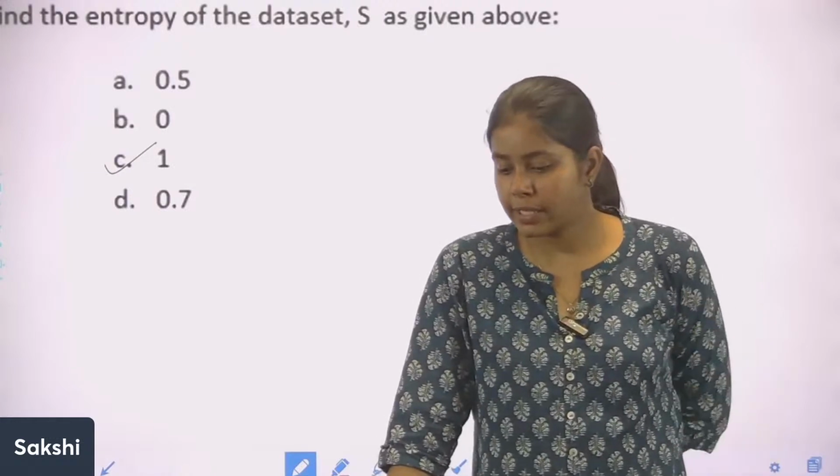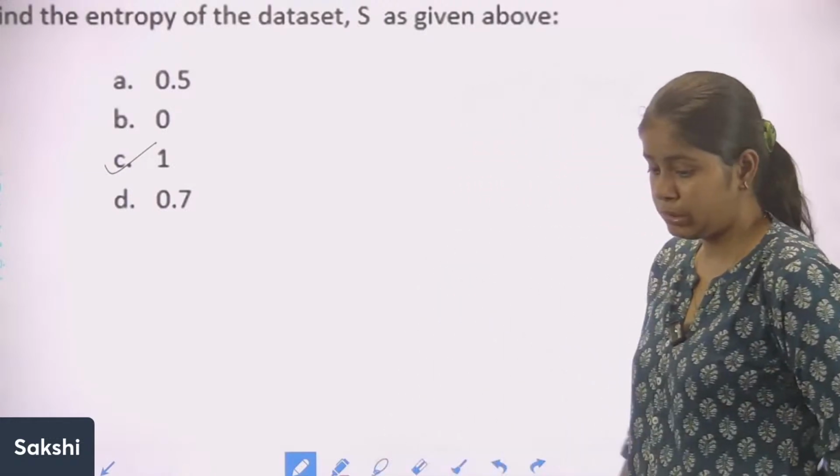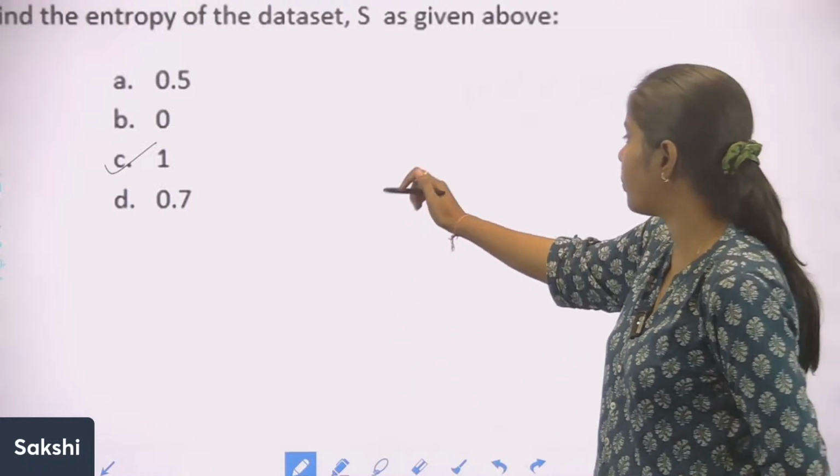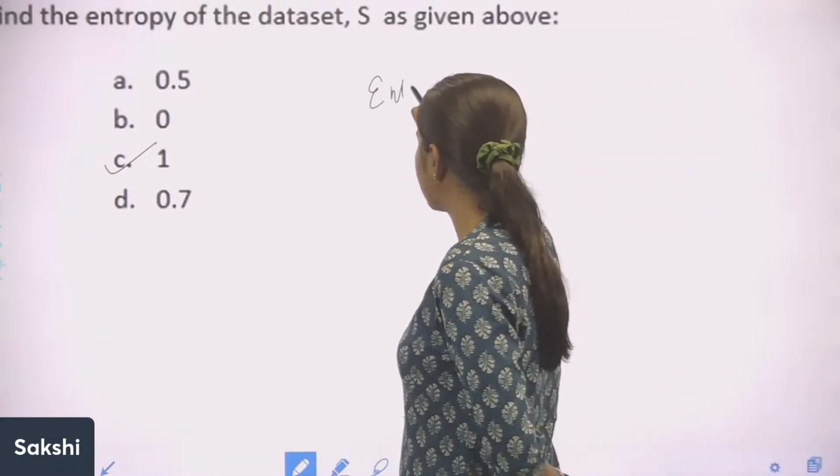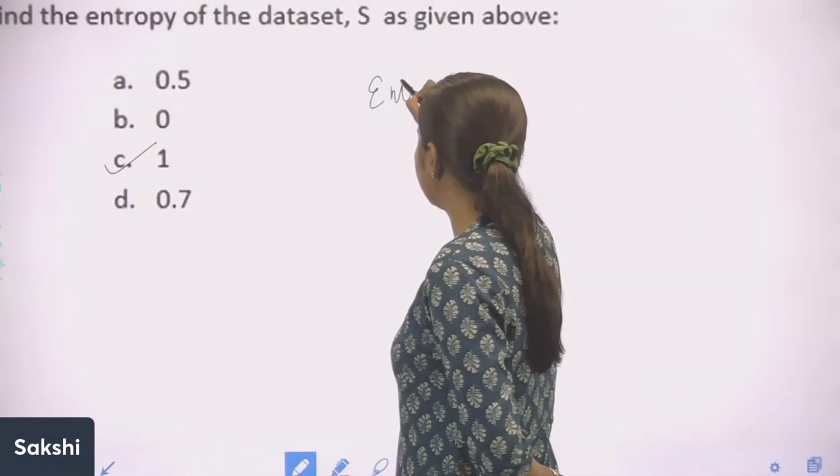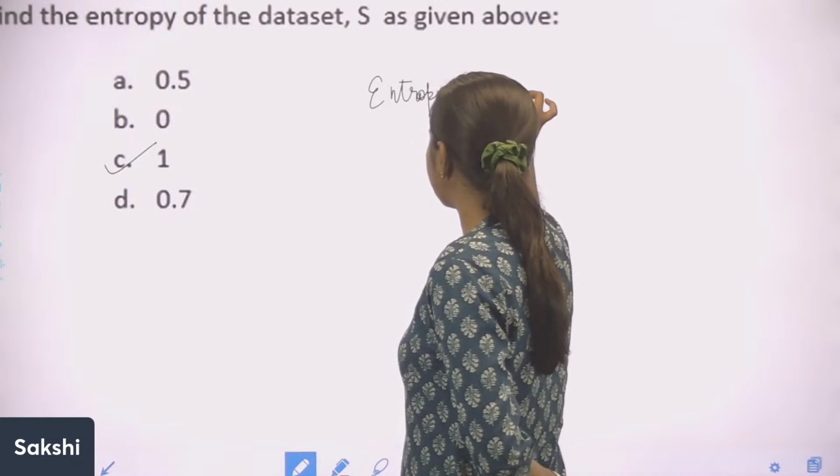Now let me know guys if this thing is clear. So we have to find out entropy. Sorry if the question is not visible to you. Basically the question here is the entropy of the data set.